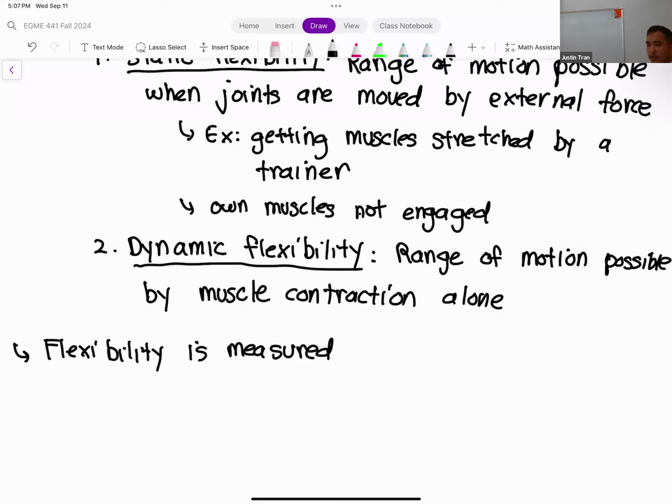Flexibility is often measured using angles or degrees. Or if you want to be a mathematician, you can use radians too, I guess. But most people use degrees.